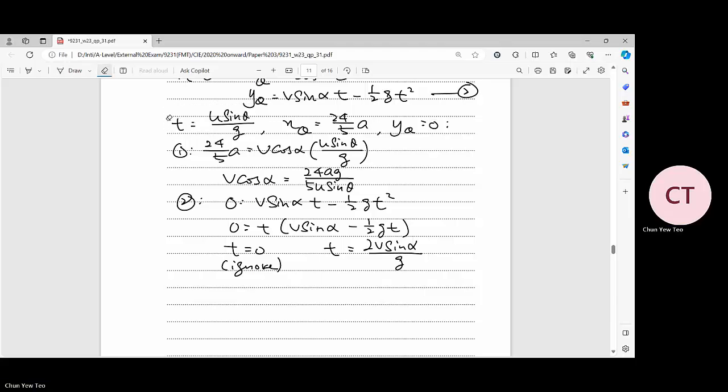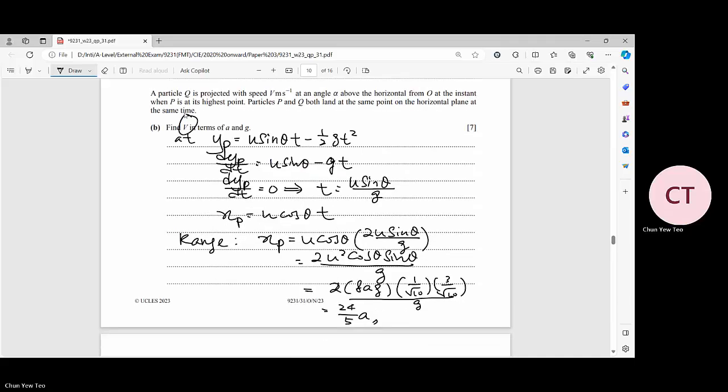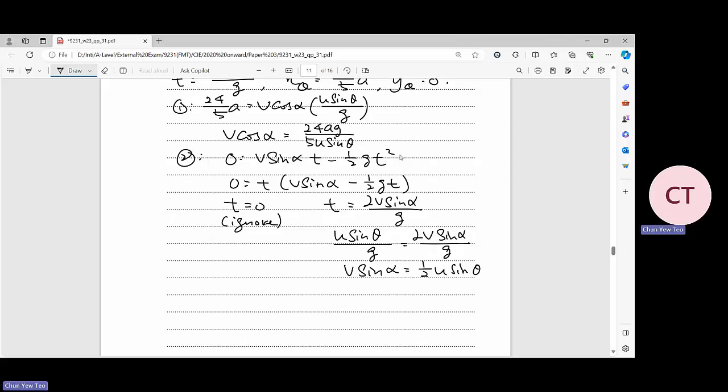So you let them equal, then you will get U sine theta over G equals 2V sine alpha over G. Cancel the G, then you get V sine alpha is equal to half U sine theta. Okay, this is the V sine alpha. We want the V. So this one is equation number 3. This one will be equation number 4.